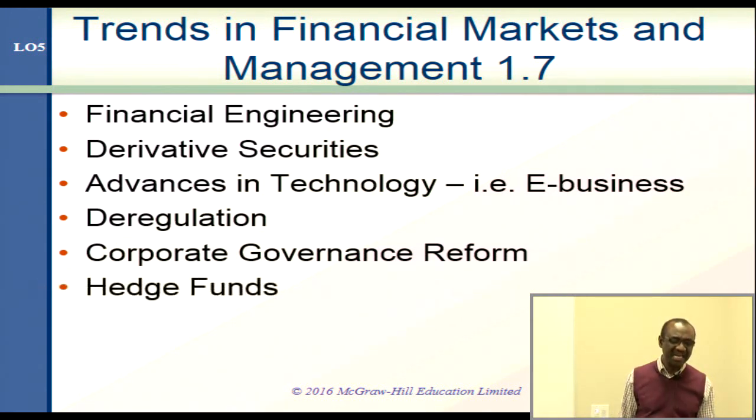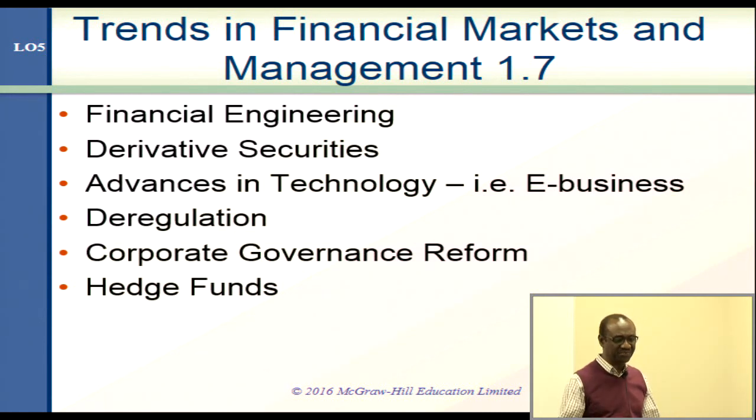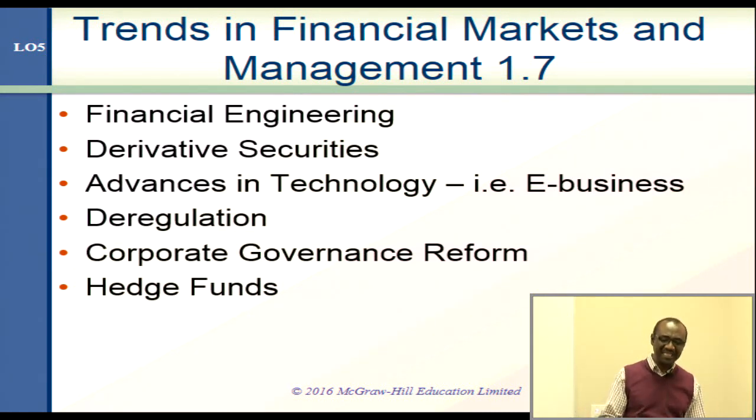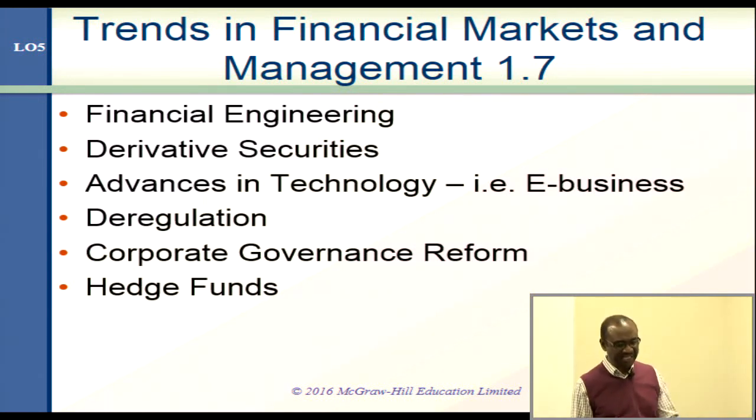The other one is hedge funds. Hedge is simply a way to mitigate or reduce the impact of damage or loss. So we have hedge funds available to mitigate against losses from investment. We have the subprime market.